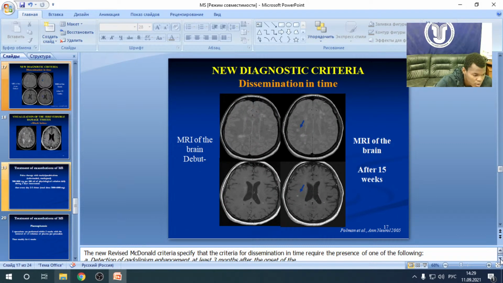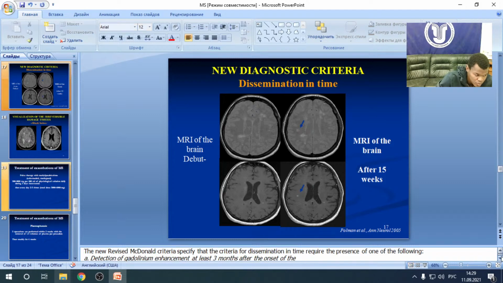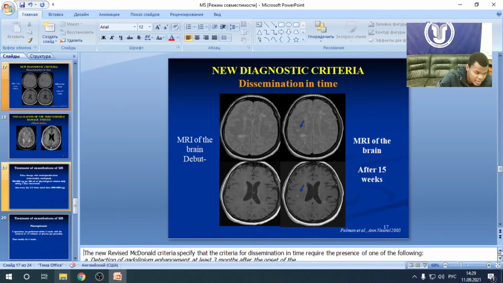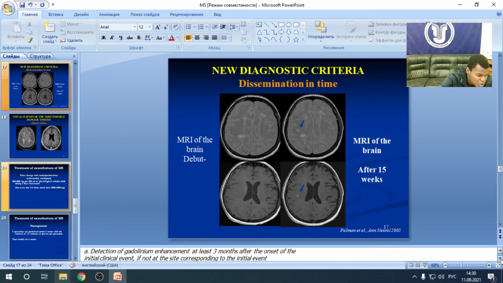So please, the criteria is called the McDonald criteria, which specifies that the criteria for dissemination in time require the presence of one of the following: detection of at least.